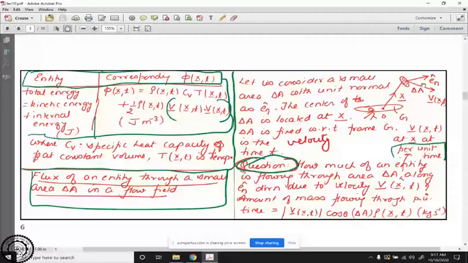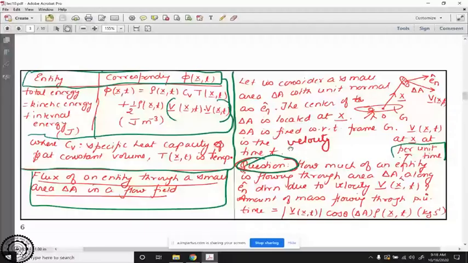So En is the normal to that small delta A area. Let us consider a small area delta A with unit normal as En. Now the center of delta A is located at X. So wherever the center of delta A is, I am calling the position vector reaching to that center as X. And delta A is fixed with respect to frame G. Okay, so delta A does not move with time as seen by the observer. It is fixed.